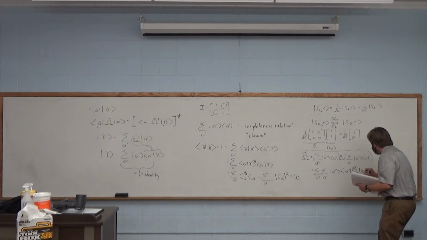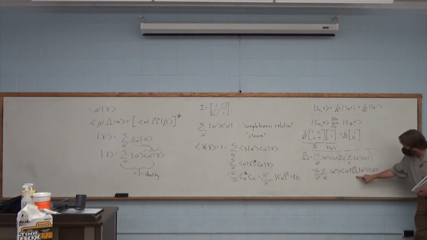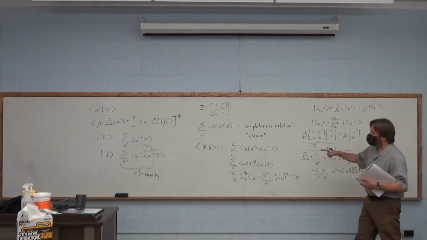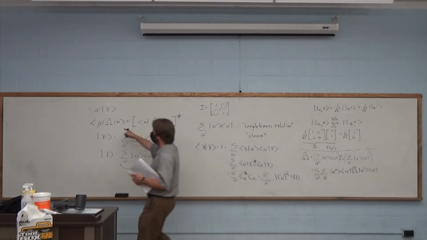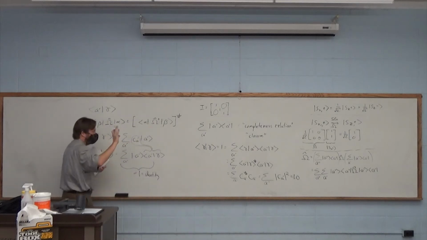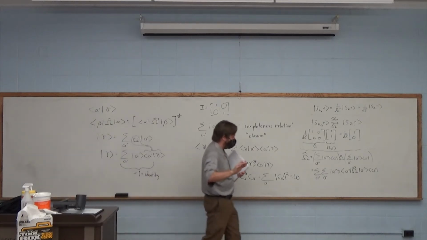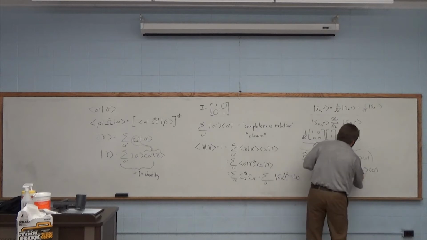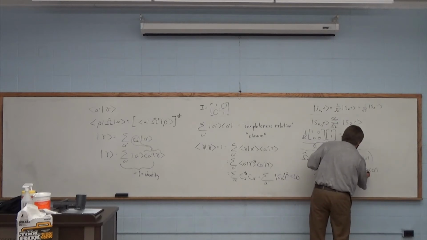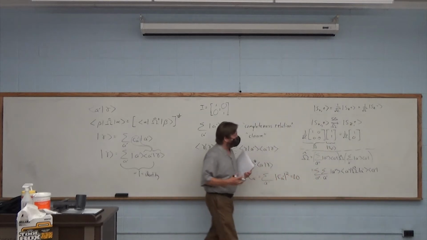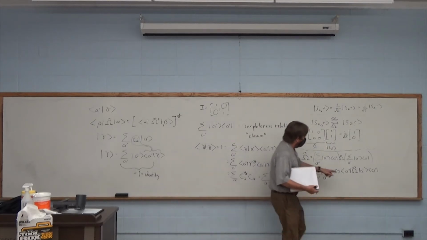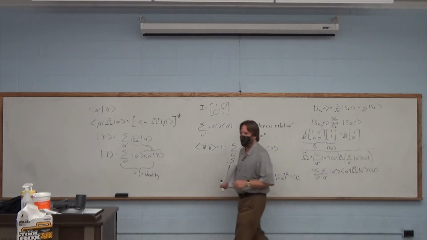Now you're seeing an example of what I had put up before. I know this was just teaching you how to manipulate the symbology, but now you're actually seeing an example of a bra operator ket.